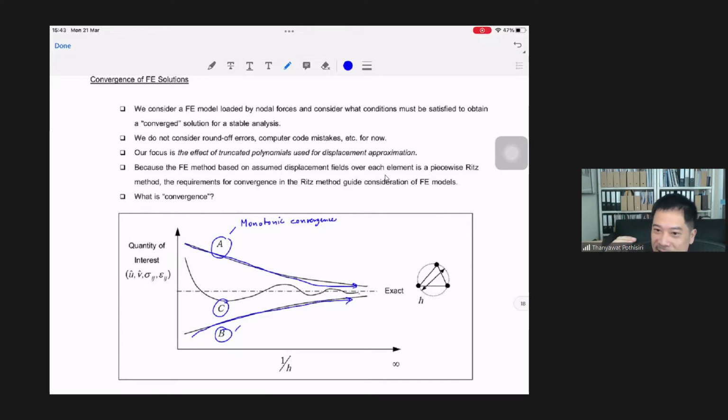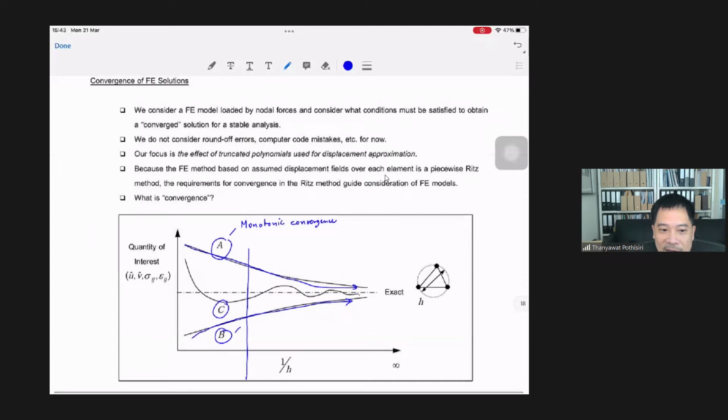But for example, if you cut here, if you don't have information from this point forward, you can't really tell if the solution is converging to something, because it decreases and then it increases again. So sometimes you prefer monotonic convergence over curve C.